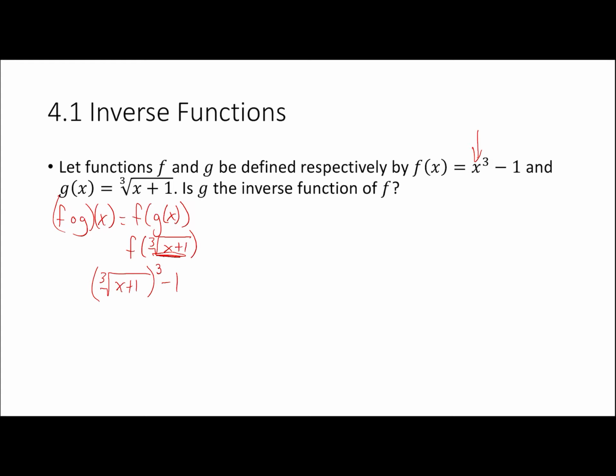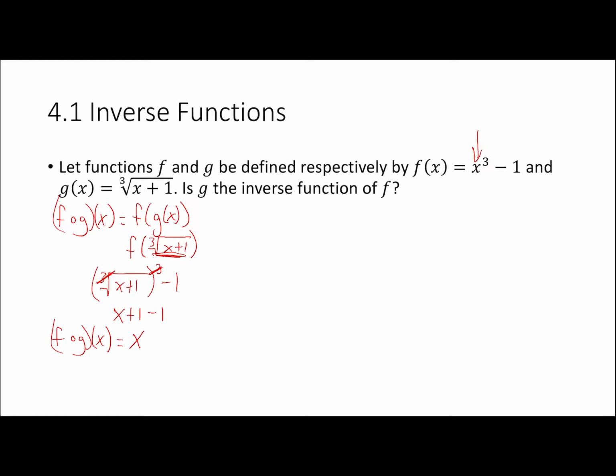Well, now when you simplify that, the cube root and cubing that term cancel each other out, leaves us with x plus 1 minus 1. And 1 minus 1 we know is 0, and so it leaves us with just x. So this composition, f of g of x, is equal to x. That's what we wanted to happen.